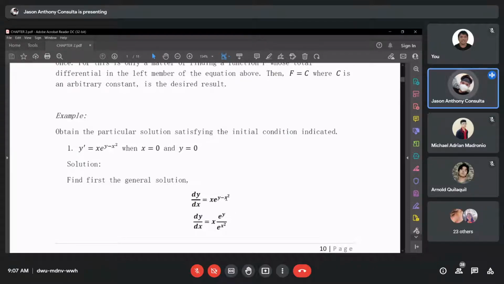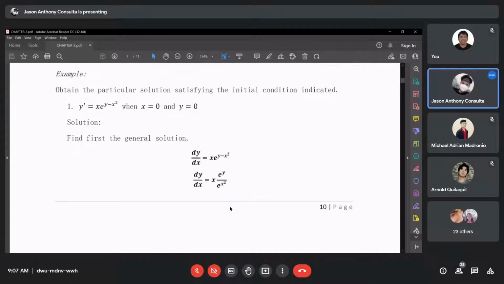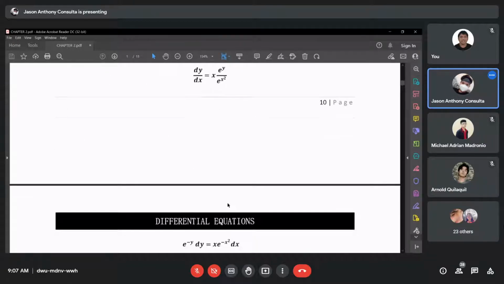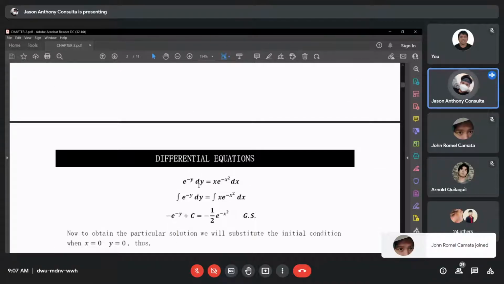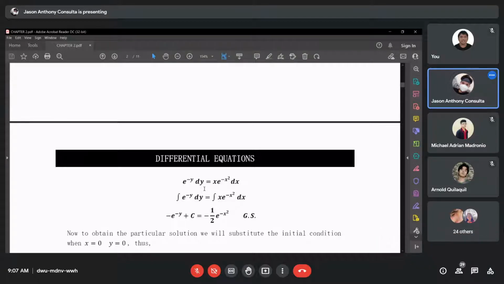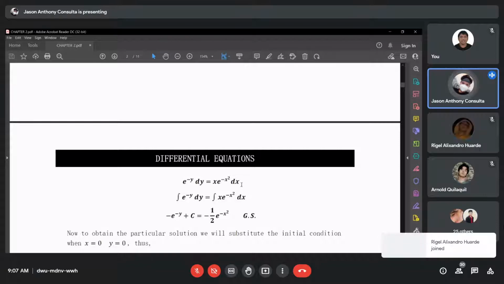Okay, since negative, sa baba siya. Then after that, cross multiplication lang to, yung dy pupunta sa kabila. So e to the negative y dy is equal to x e raised to negative x squared dx.